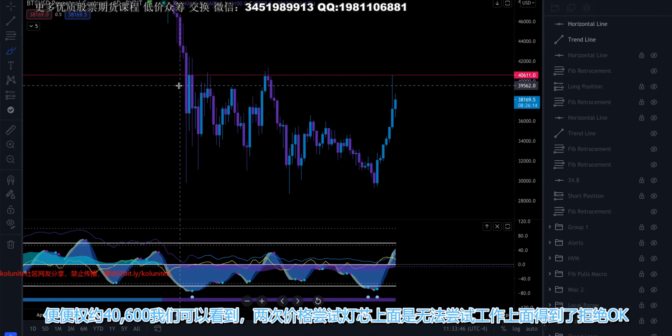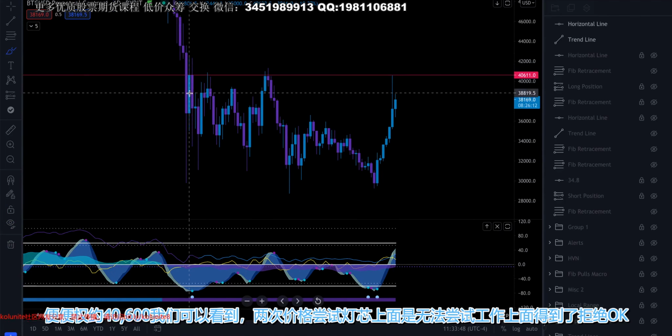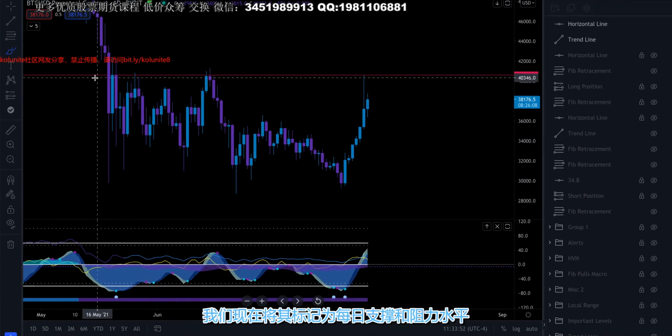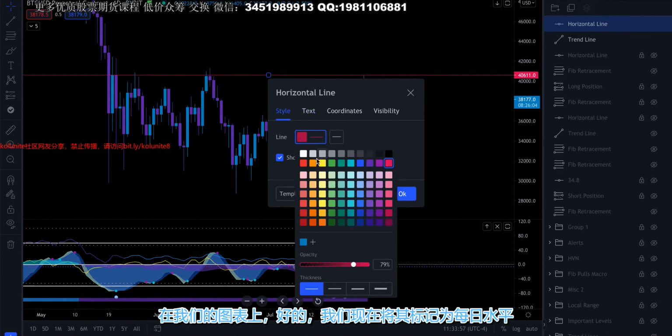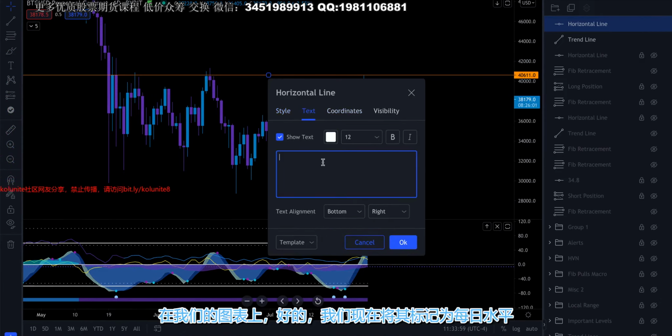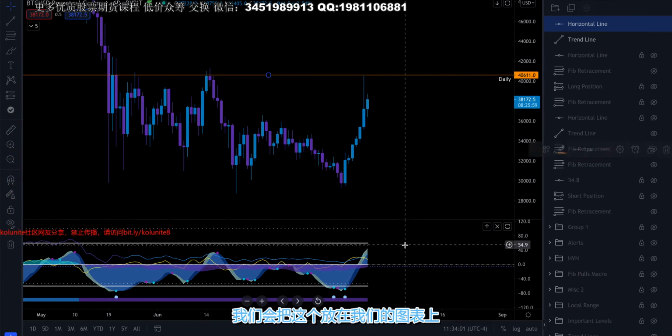We can see that both times price tried to wick above, was unable to, tried to wick above, got rejected. We would now mark this as a daily level of support and resistance on our chart, and we would keep this on our chart.